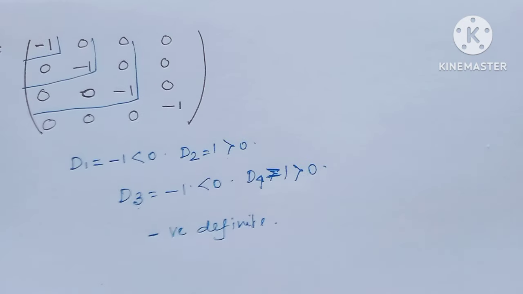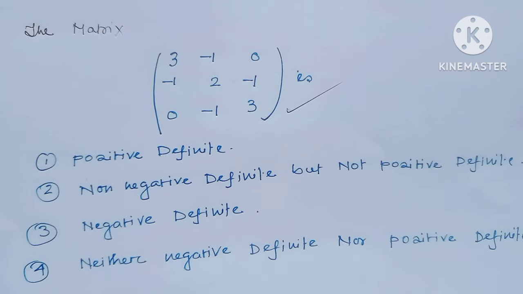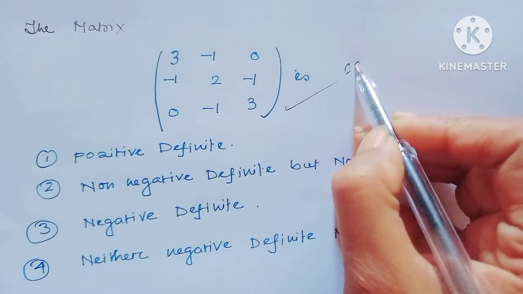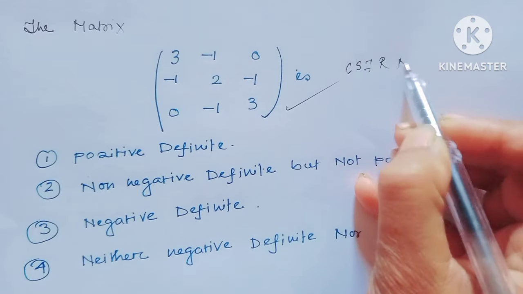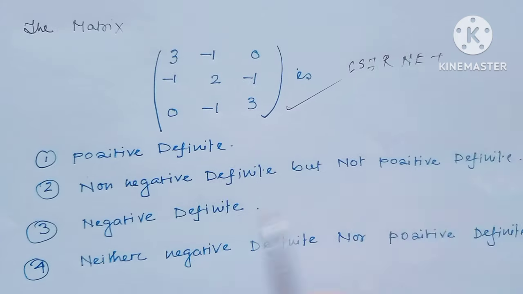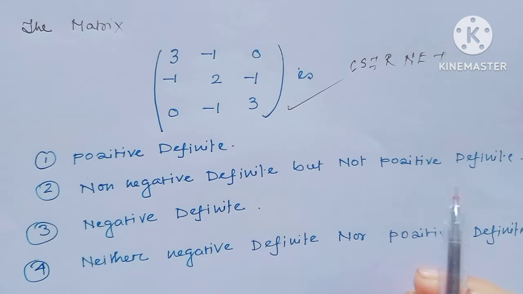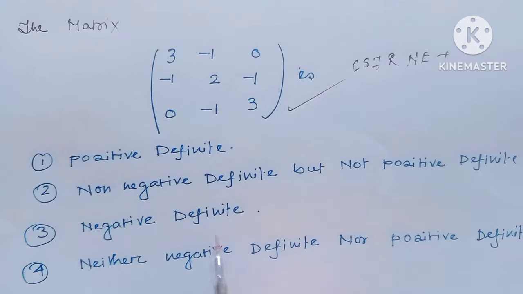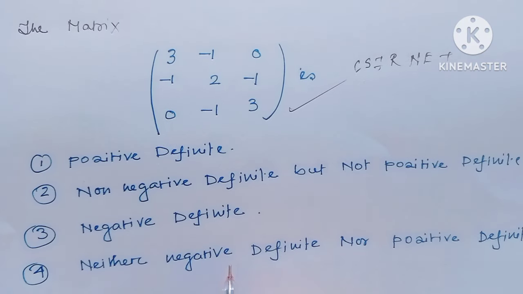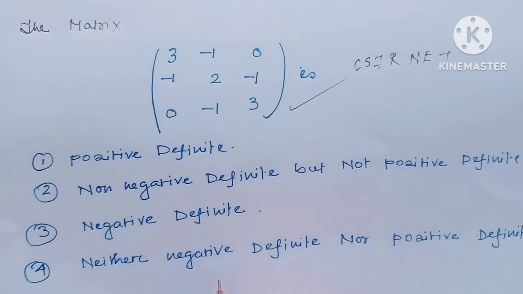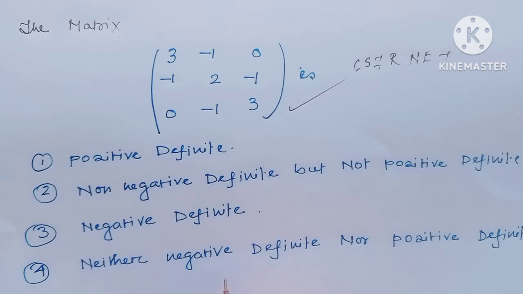Okay. Next, consider the matrix. This question has come in the CSIR NET exam. The matrix is: first, positive definite; second, non-negative definite but not positive definite; third, negative definite; fourth, neither negative definite nor positive definite. For this, I will use the principal minor test.